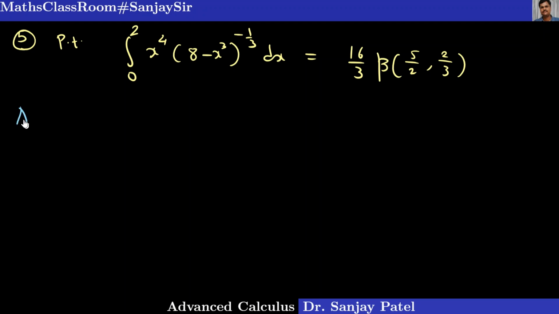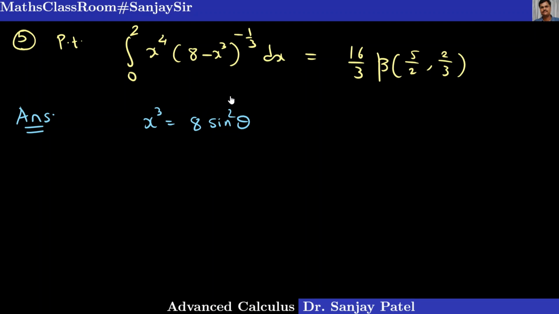For solving this, I want to get rid of this 8 minus x cube raised to minus 1 by 3 and convert this into a simpler form. So if I replace x cube, if I write x cube is equal to 8 times sine square theta, then this gives me 8 minus 8 sine square theta, so 8 into cos square theta, yes.